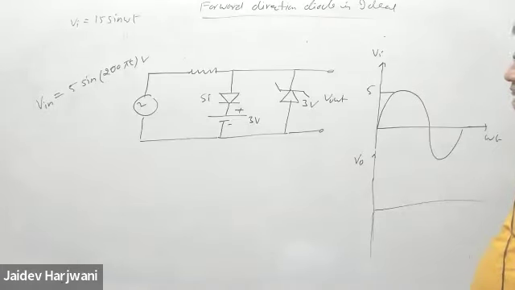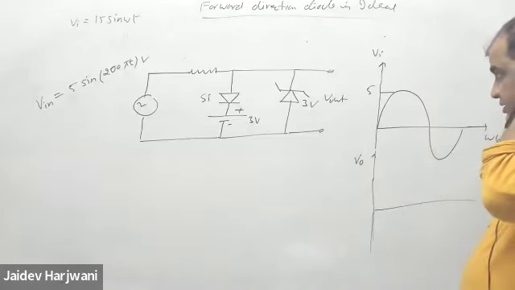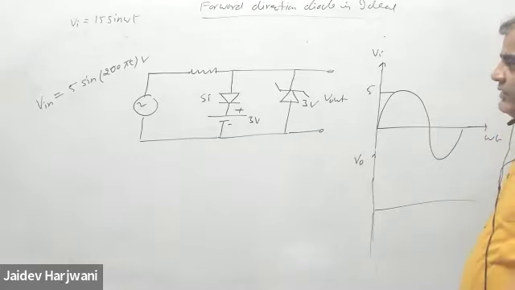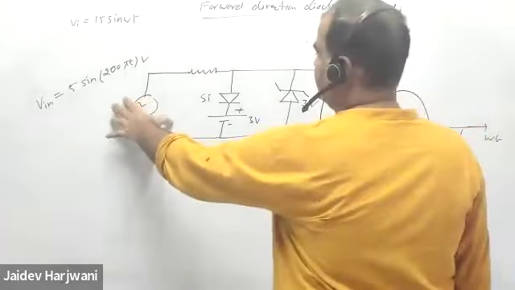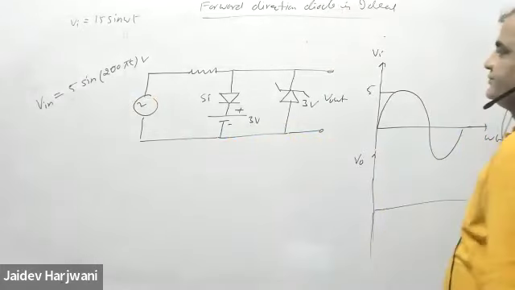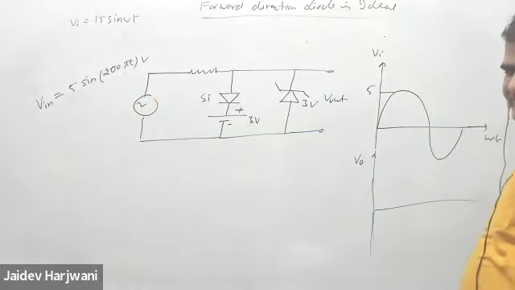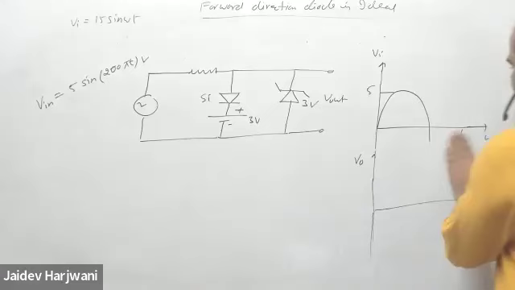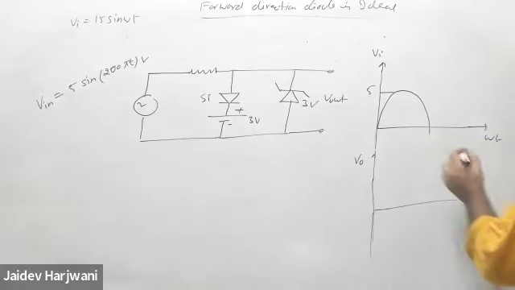Tell me, if I am applying 5 sin(omega t) here, which diode will be on first, Zener diode or normal diode?